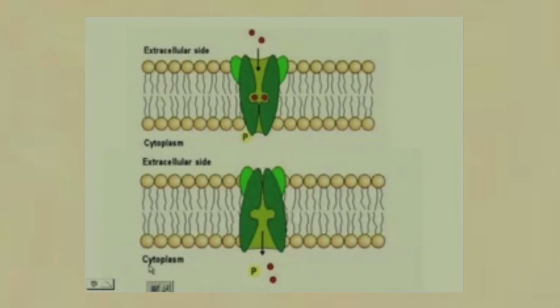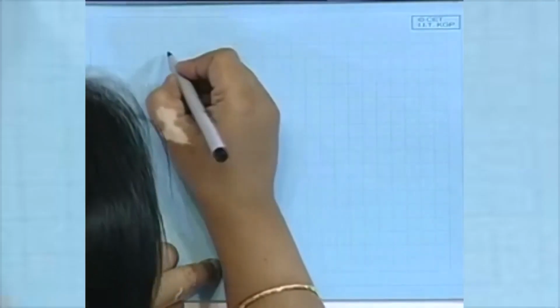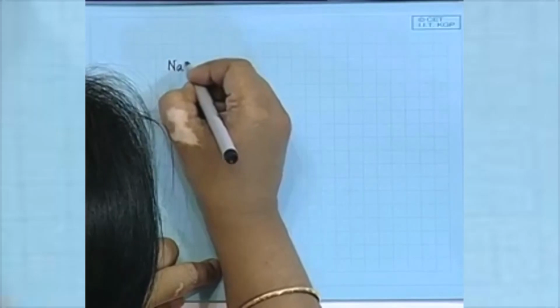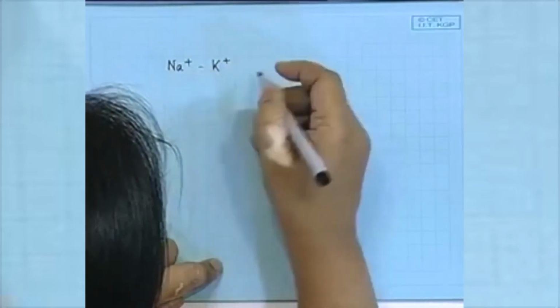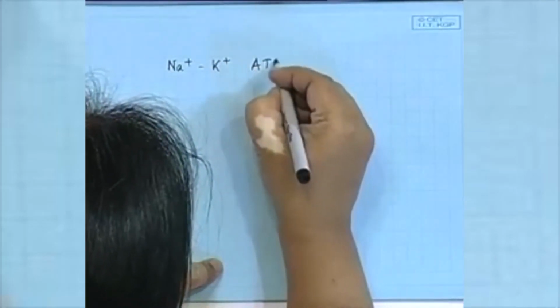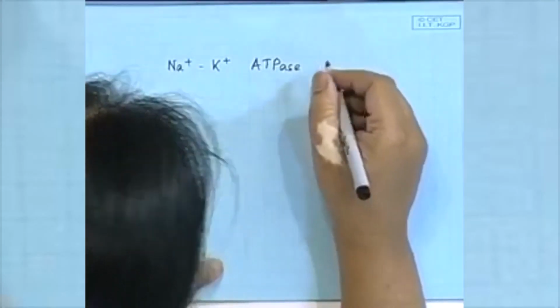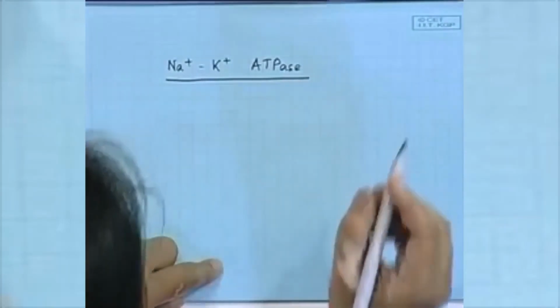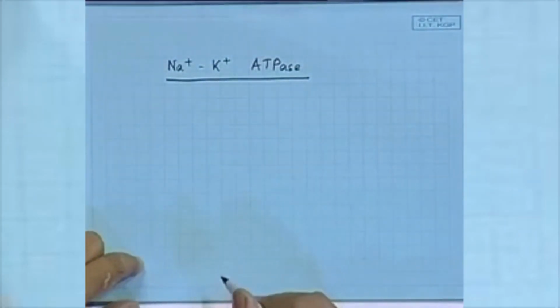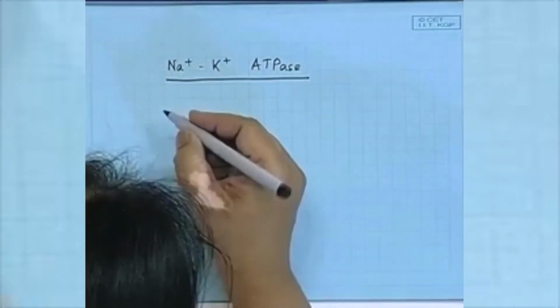Now, this is extremely important, this Na+/K+ ATPase pump, as it is called, which is also known as a sodium potassium pump. Okay? It is also known as a sodium potassium pump.